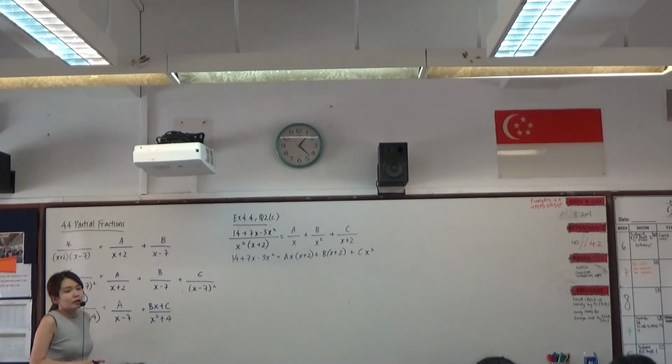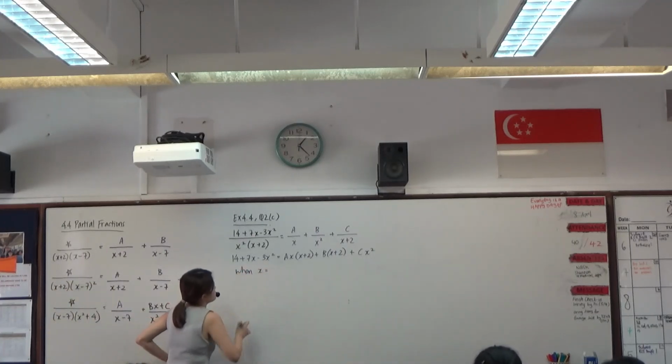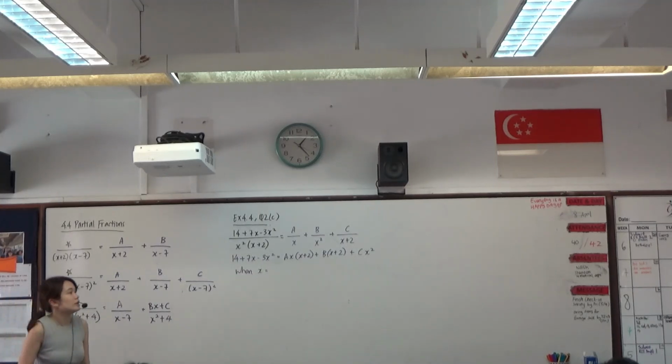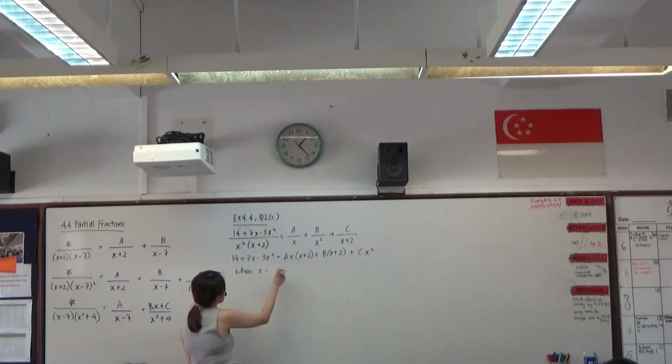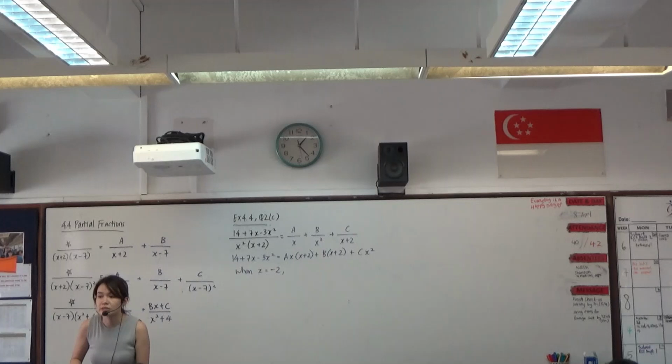Then now we find out what A, B, and C are. So what should we find first? And then what should we substitute x to become? x equals, sorry, negative 2. So I'll say negative 2, and that will help you find the value of A, B, or C?